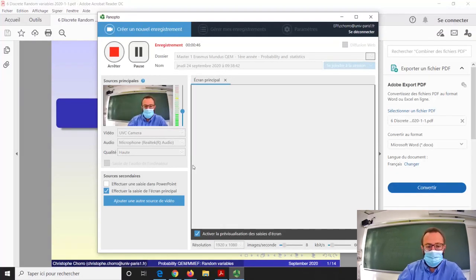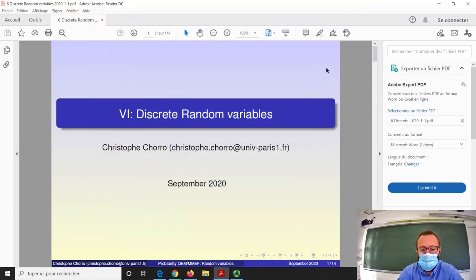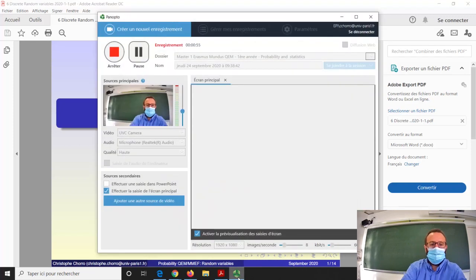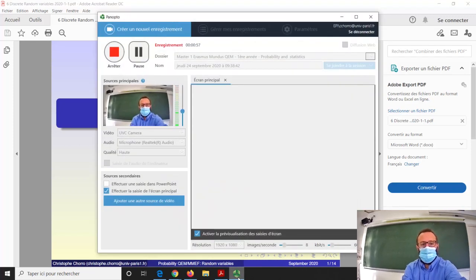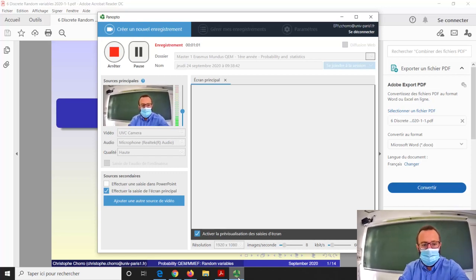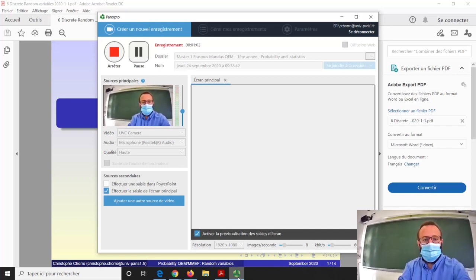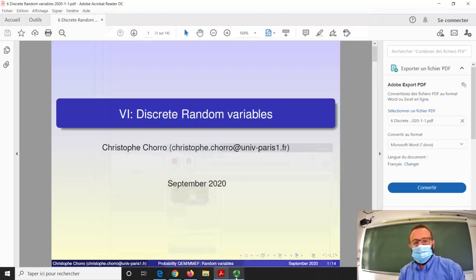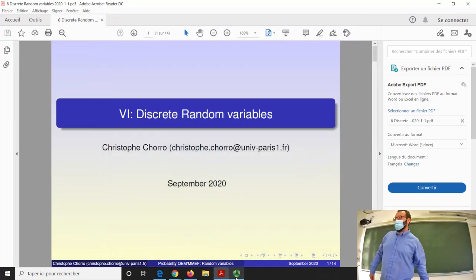So let's start with the part concerning discrete random variables. During the previous session, we discussed the general definition of a random variable.